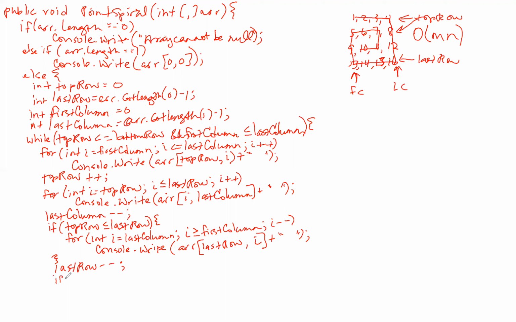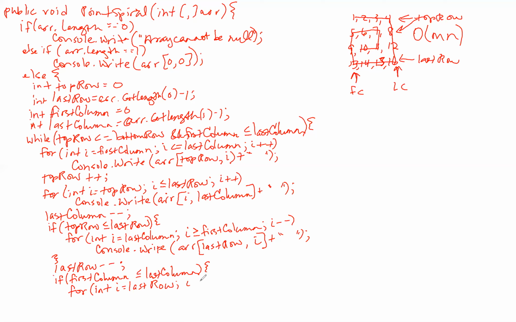So if first column is less than or equal to the last column, then we know we can go ahead and do our for statement, int I, and we're going from the last row.